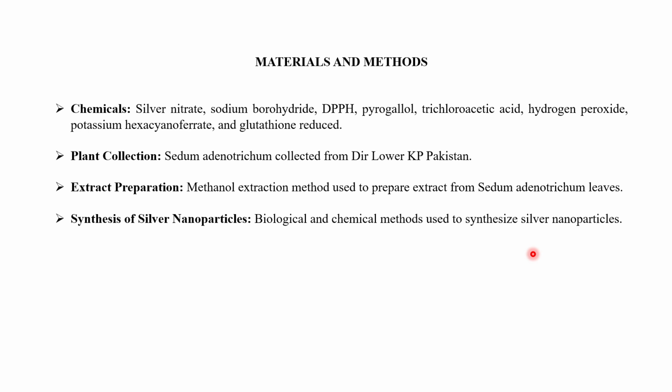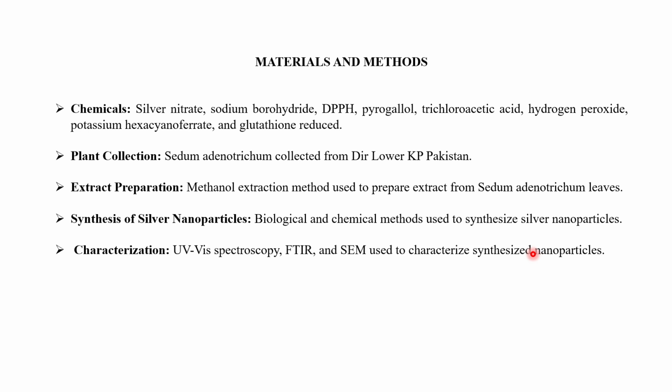Synthesis of silver nanoparticles: biological and chemical methods are used to synthesize silver nanoparticles. As I mentioned earlier, we have different types of synthesis methods, but the most used are biological and chemical methods. In the biological method, we use different biological byproducts, such as plant extract, fungi, bacteria, yeast, etc. for the synthesis of nanoparticles. For the chemical reduction method, we use pure chemicals, but mostly pure chemicals are toxic, so we are shifting the trend from chemical synthesis to biological synthesis.